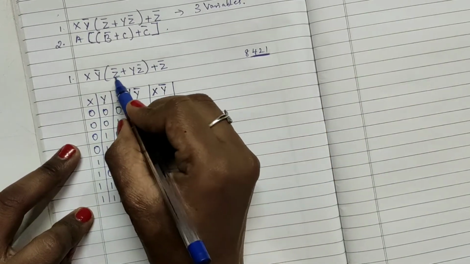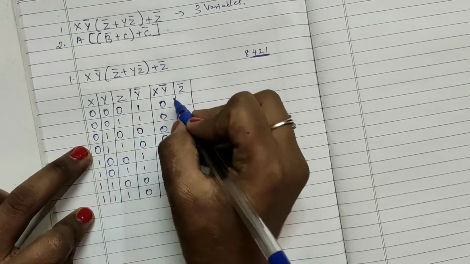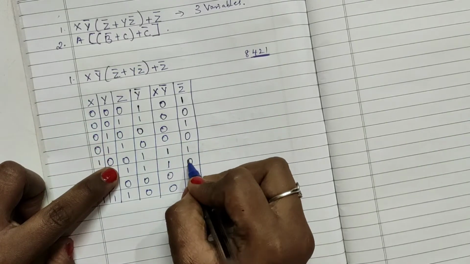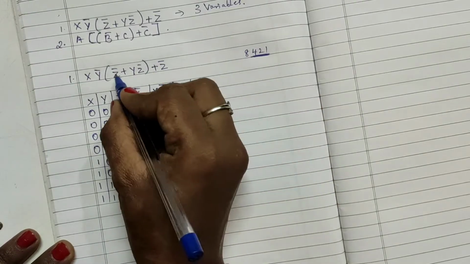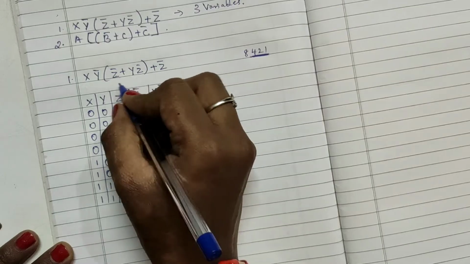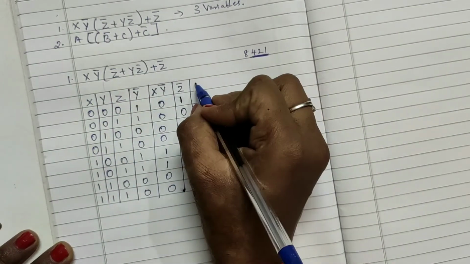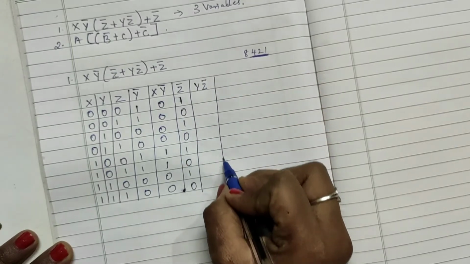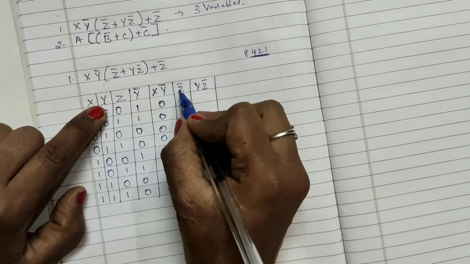Now let's look at z bar. Z bar: 0 becomes 1, 1 becomes 0. Now let's see this. If we have to look into this expression, we need to derive y and z bar. So let's go to y, z bar. So we already have z bar and we have y. So y, z bar.